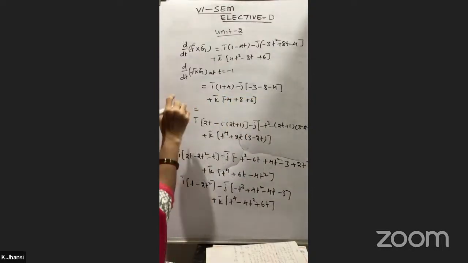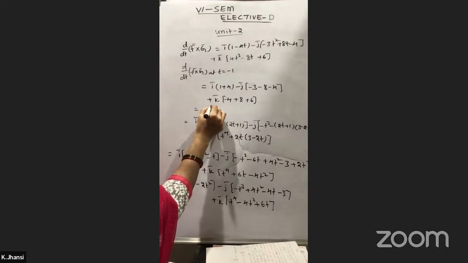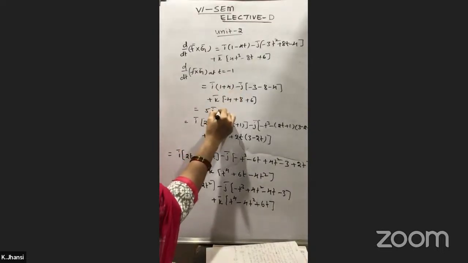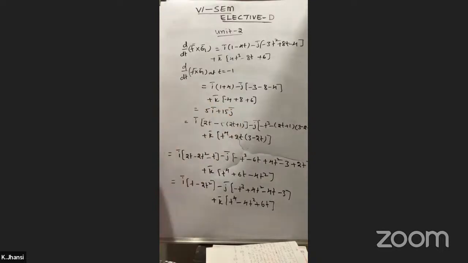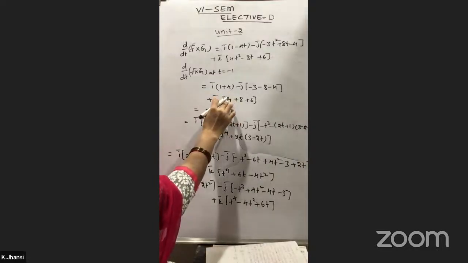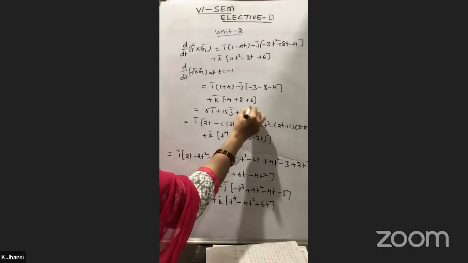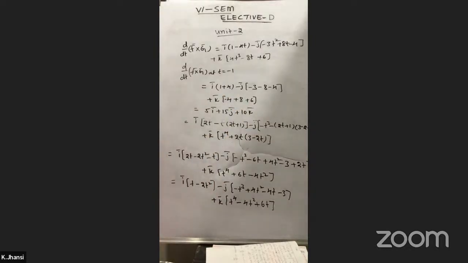So it is 4 plus 1 is 5, 5i. 8 minus 12 minus 3 is minus 15, minus of minus is plus 15j. Next is 8 minus 4 is 4, it is 10k. Okay.